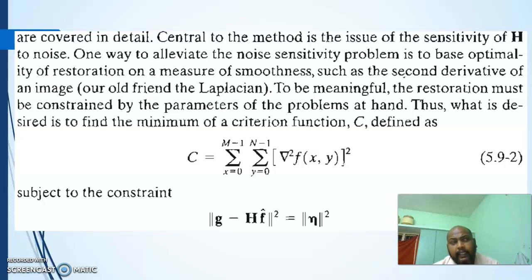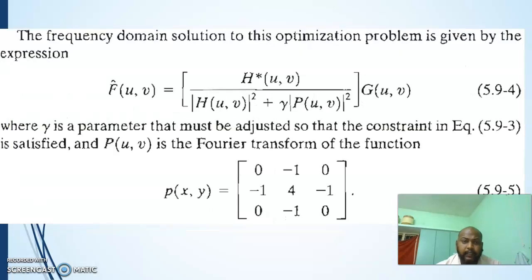This constraint is used in the transfer function. The expression to find the restoration filter function is given by output image equal to transfer function times input image.